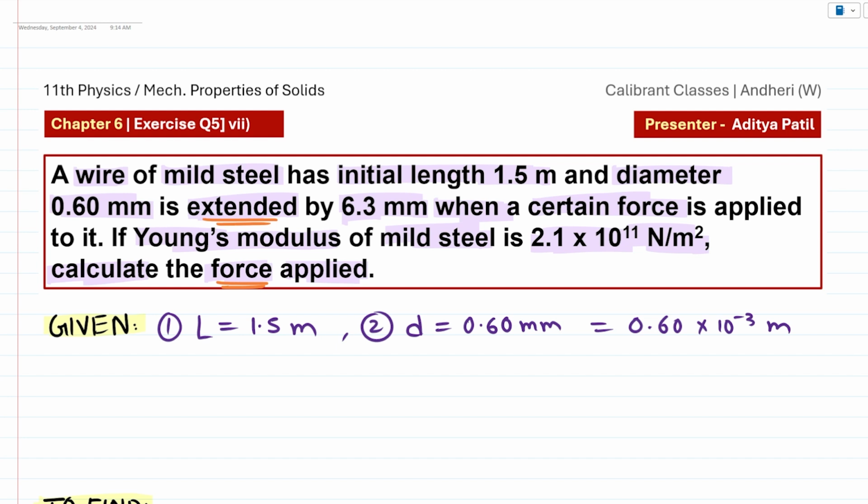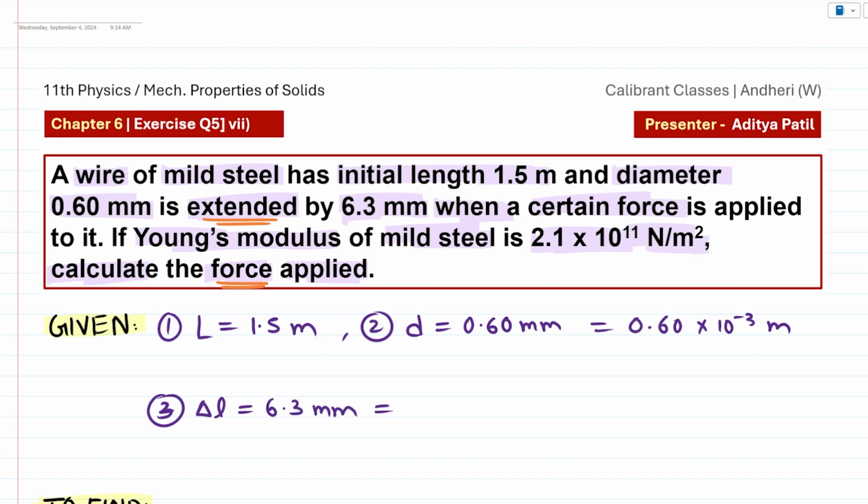इसके बाद थर्ड क्वांटिटी जो हमें दिया है, दैट इज द एक्सटेंशन. सो एक्सटेंशन बोलो या चेंज इन लेंथ बोलो या इलोंगेशन बोलो, it is all represented by the same quantity, that is delta L, that is the change in the length, and this change in length is given to us as 6.3 millimeters.